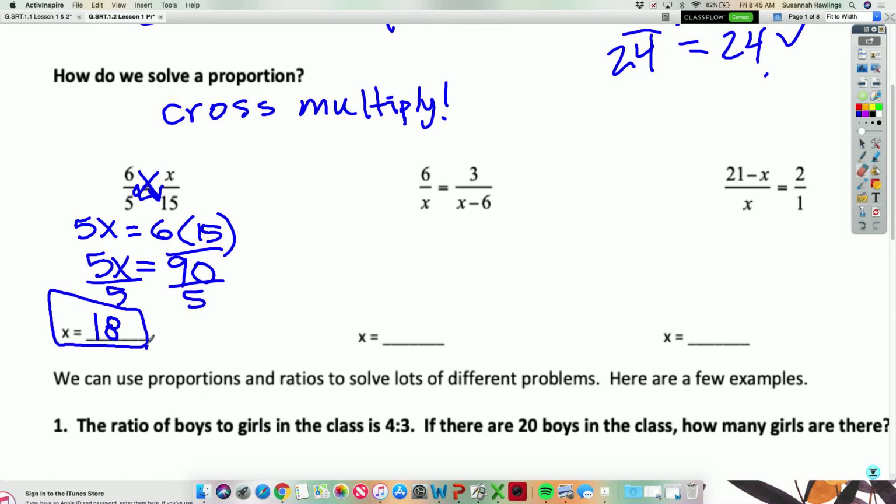Okay, that's a simple example. You could have done that without a calculator, although I gave you guys calculators for today. Looking at the next one, I'm going to do the same thing. So 3 times x, I can just conjoin 3 and x together. But what's different about this side? What do I have down here in my denominator?